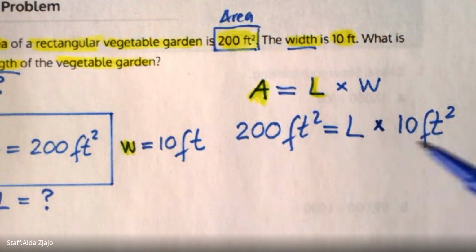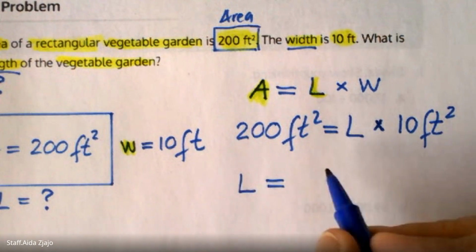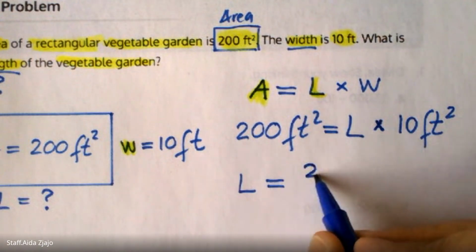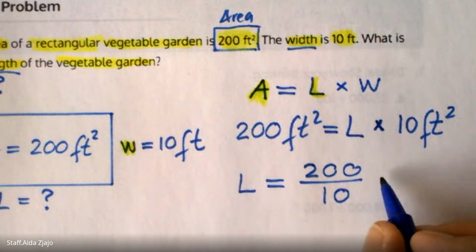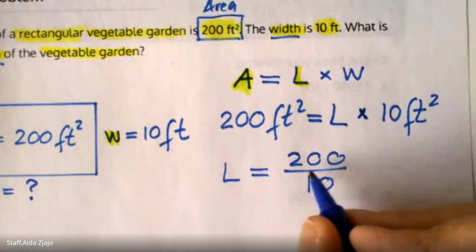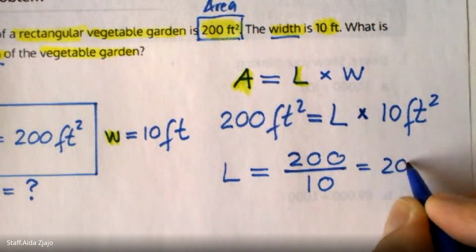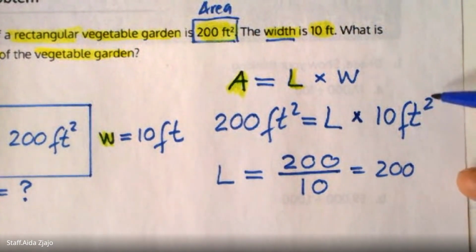So what we need to know is L, when we have 200 divided by the 10. You can see this fraction line as division. Oh, sorry, this one here is not feet squared, it's just feet.